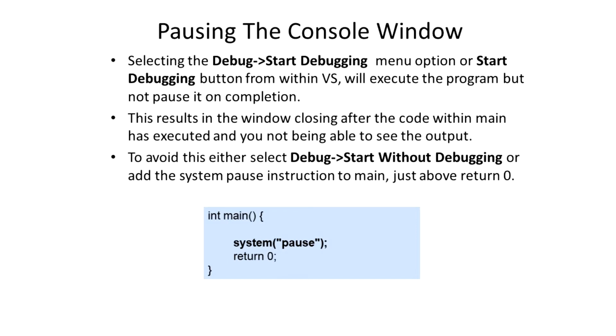Alternatively to running without debugging, if you do want to run with debugging to make use of all the exception handling mechanisms and the breakpoints, should you want to analyze any problems in your code, then you can do so and also maintain the final output at the end by including a system pause statement just before your final return 0 statement in your main function.